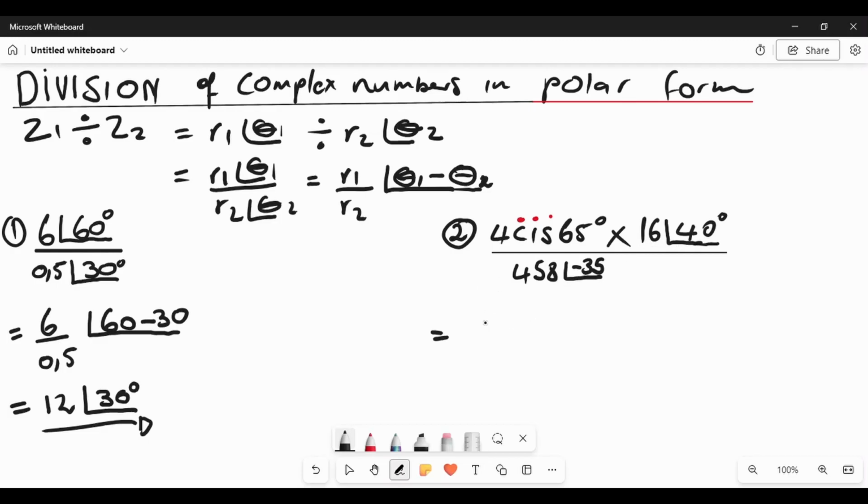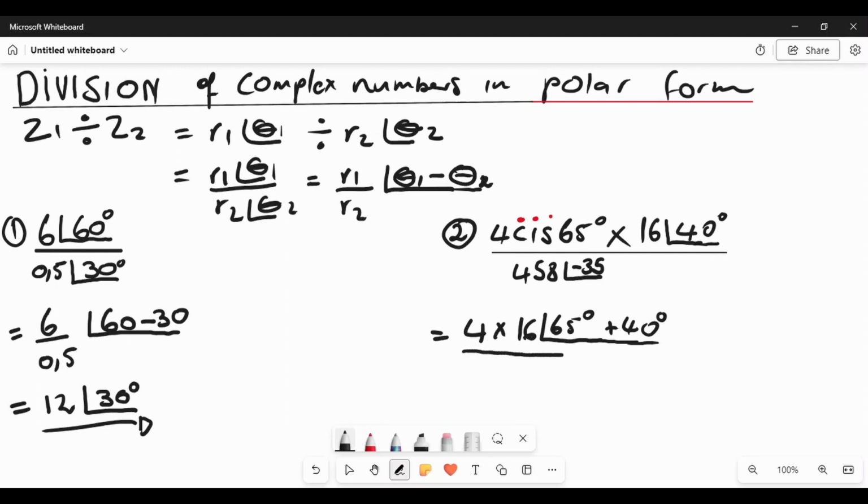Now, when complex numbers in polar form multiply, the modulus, which is 4, is going to multiply with the other modulus, which is 16 in this case. But when it comes to the argument, 65 degrees is going to add with 40 degrees.